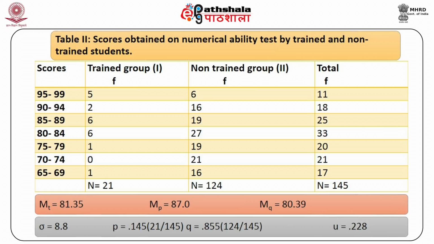The sample size is given at the bottom and the means have been calculated: mean total is 81.35, mean for category 1 is 87, mean for Q, that is the second category, is 80.39. The standard deviation for the group is 8.8. The proportion P is 21 upon 145 and Q is 0.855, as obtained by dividing 124 by 145.